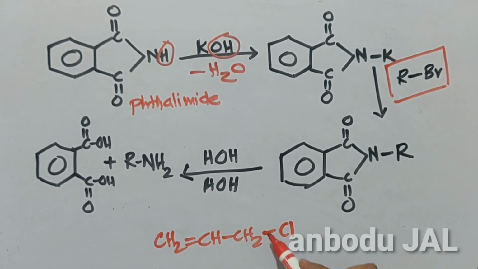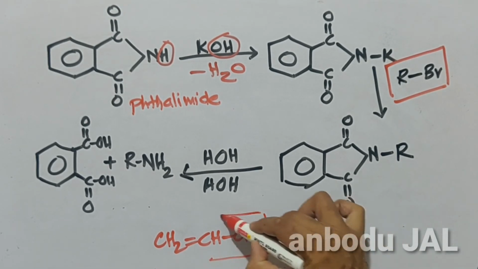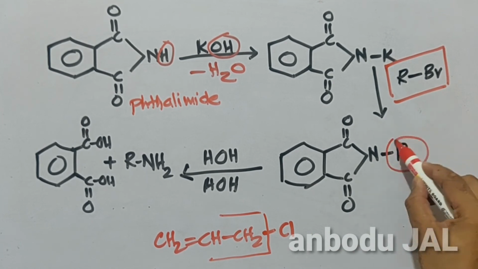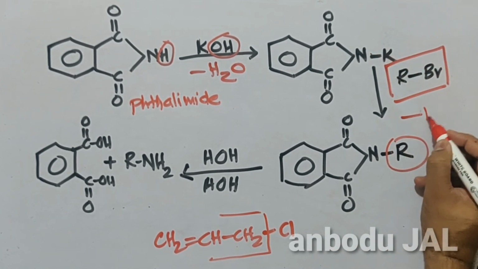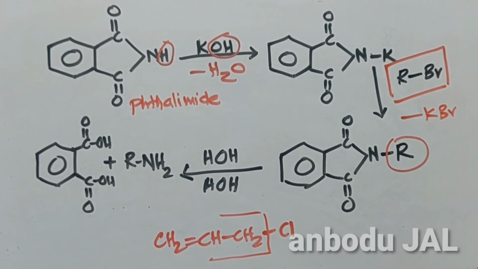Then what happens? This is the alkyl part here, like this one. R will be attached here, K and Br minus, KBr. KBr will be eliminated and R will be connected to this compound. In that position, this allyl part will be attached.